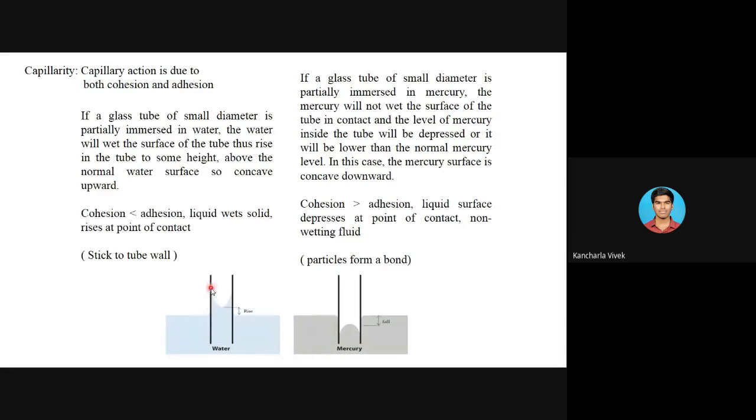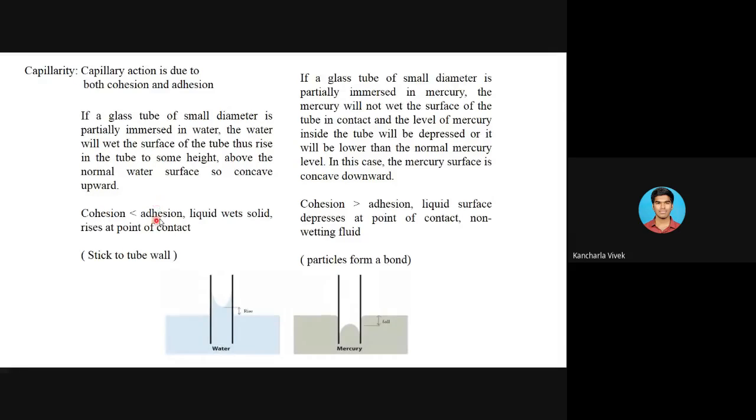So the inner water level, due to this sticky nature, has more water molecules attracted towards the end of the wall of the tube. This is called a concave shape upward. When you have it like this, it is concave downward. In the case of mercury, it is the concave shape downward.